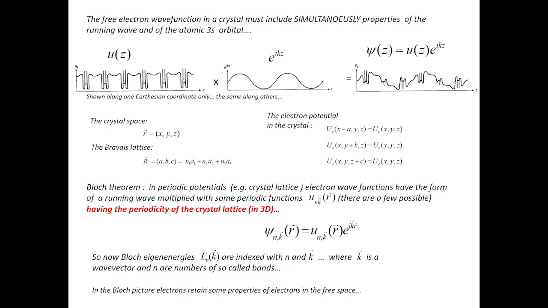Why not? It's often like that: you guess something and you check whether it is good or not. And this guess is good. This is the so-called Bloch theorem. You can imagine how it works, because these atoms don't move here. They sit in particular points of space, lattice nodes. But the wave is running.